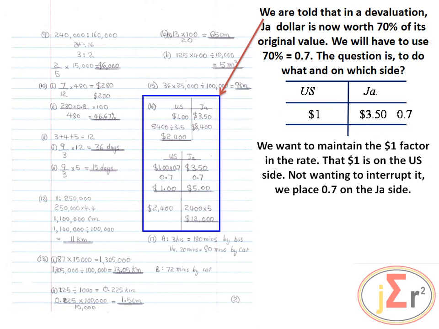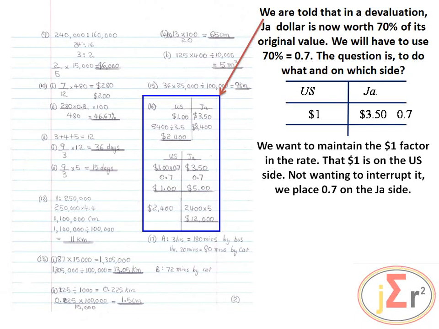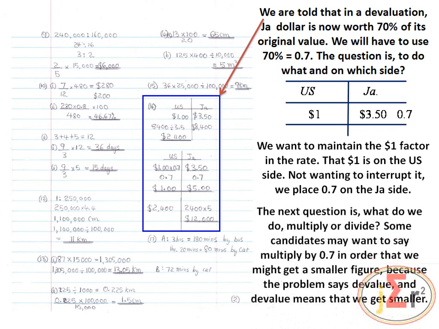So we want to maintain the $1 factor in the rate. That $1 is on the US side. Not wanting to interrupt it, we place 0.7 on the Jamaican side, and we place it on the Jamaican side without any arithmetic operator. The next question is, what do we do, multiply or divide?